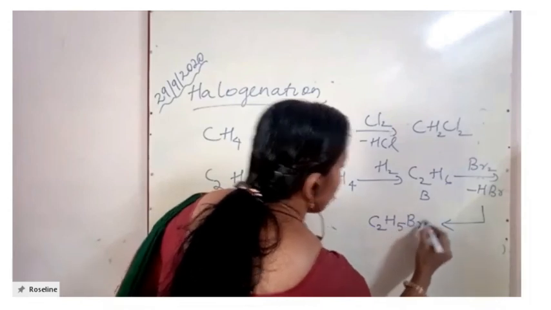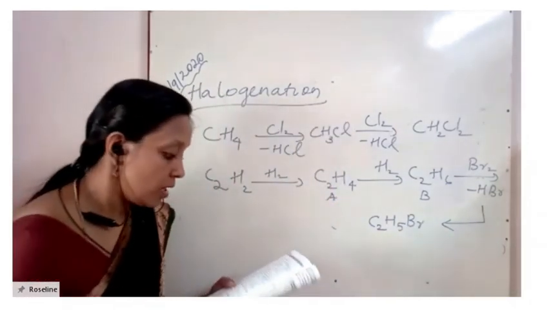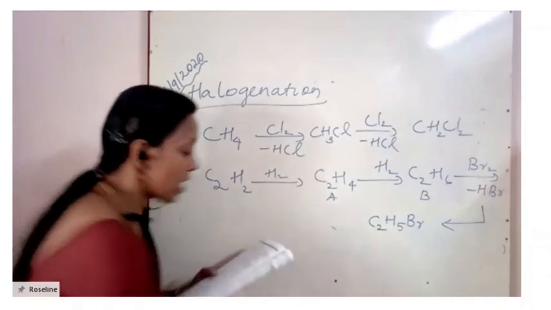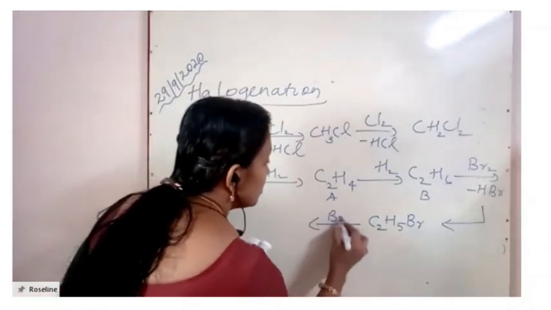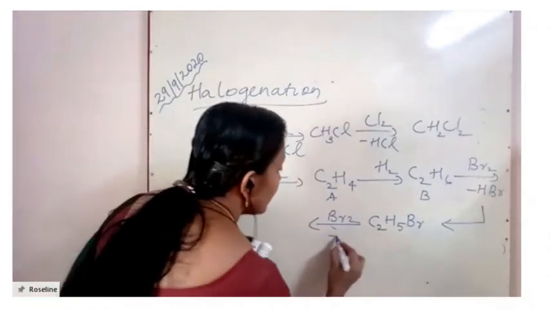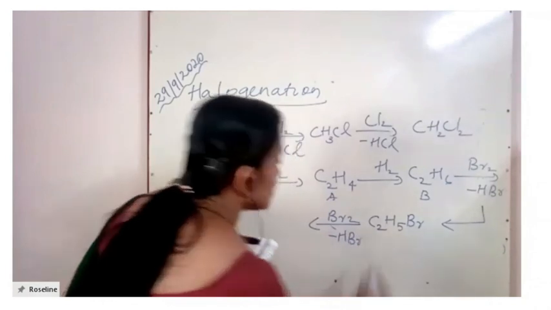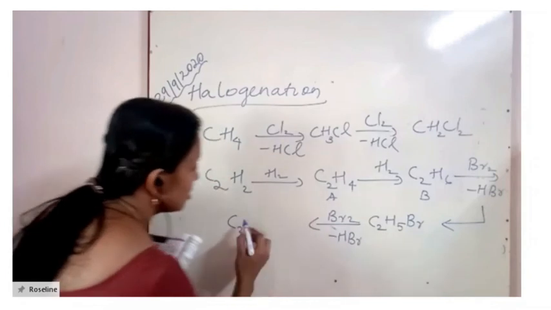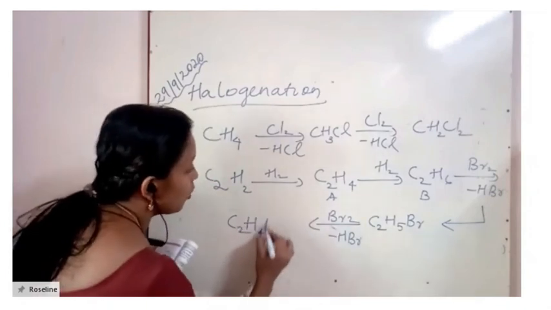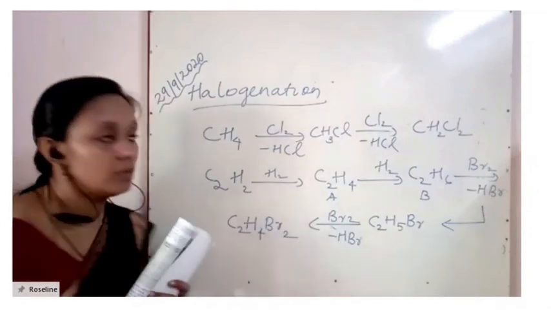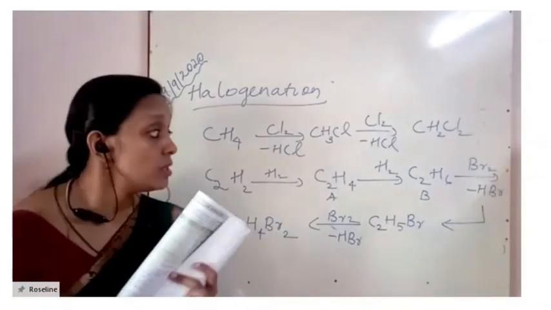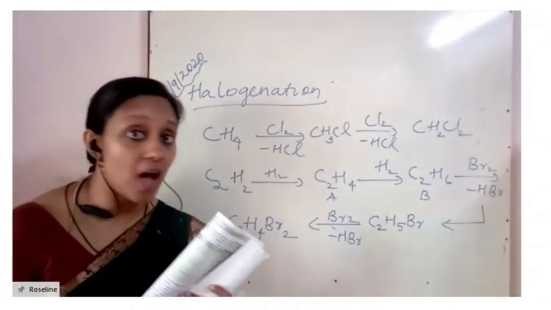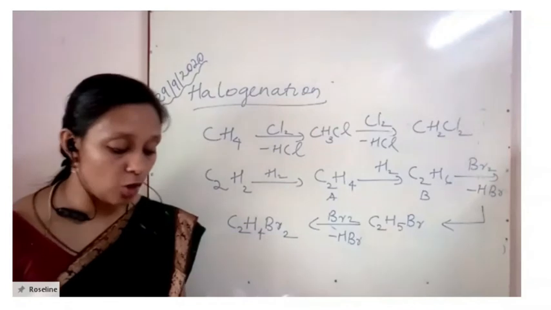C2H5Br. This will be the product. Now again, they are asking to add bromine, and they have said that HBr is eliminated again. So what is the next step? Instead of one hydrogen, C2H4Br2. Have you followed? So this is how to check what they have asked and then write the answers accordingly.